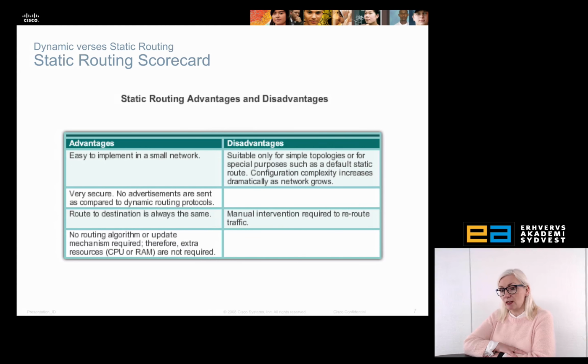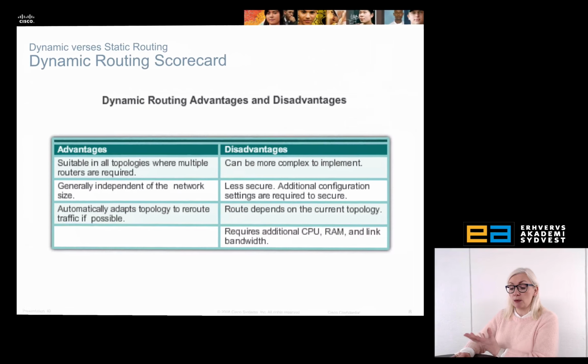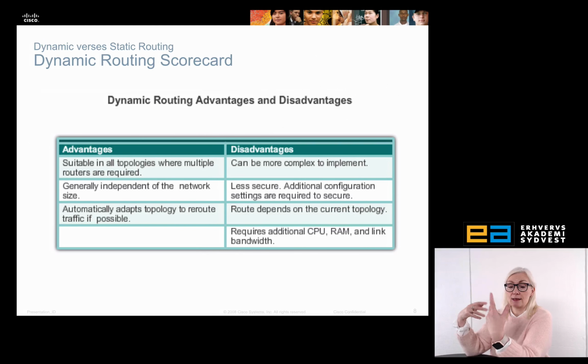And it does not use any CPU or bandwidth in the routers. But of course, it is very difficult to administer if you have large networks. And an advantage is also that it is very secure, because we have full control of what is implemented.